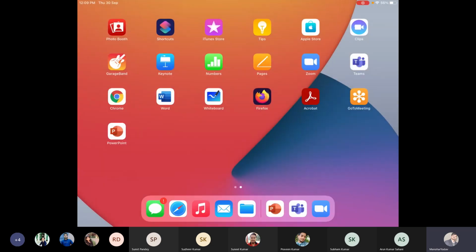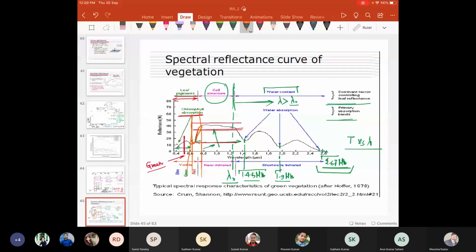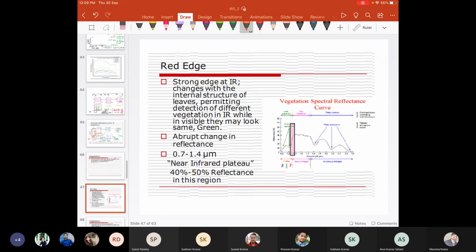So this is called the red edge. And we have a strong edge at infrared, which changes with the internal structure of leaves. Now the dominant factor controlling the reflectance changes from leaf pigment to cell structure.